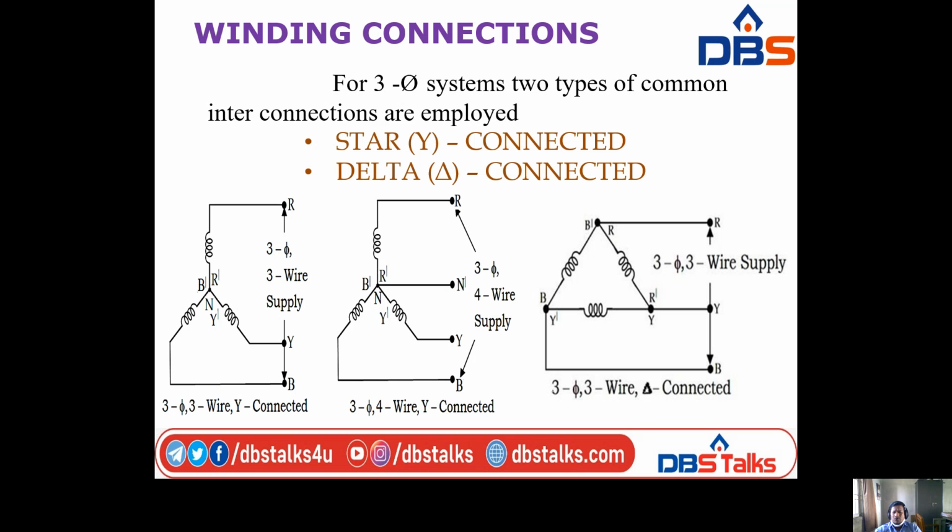In the delta connection, there is no common point or neutral point. That is the main difference. In star connection, the neutral point is there; in delta connection, there is no neutral point. That's why delta connection is mainly used in transmission systems, whereas star connection is used in distribution of electrical power. This is transmission of electrical power.